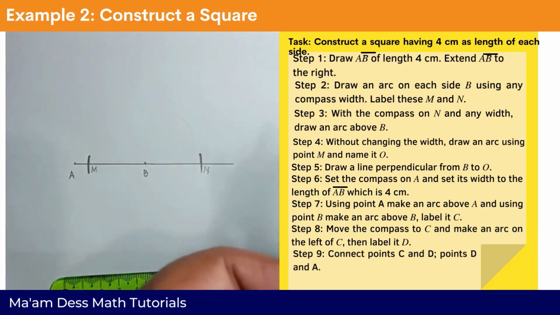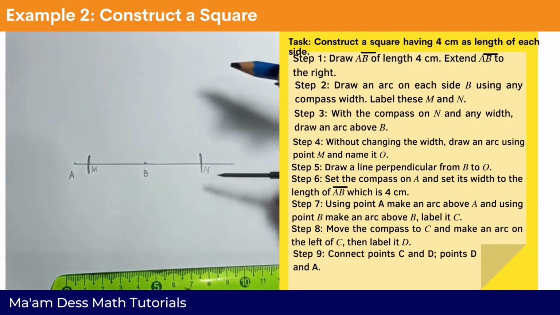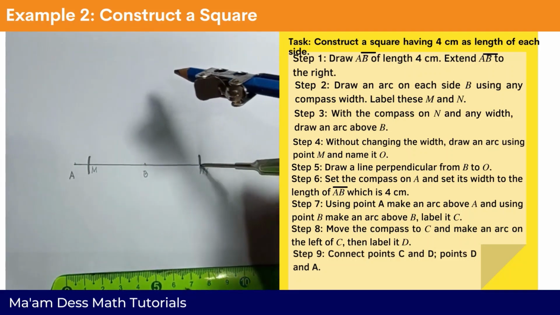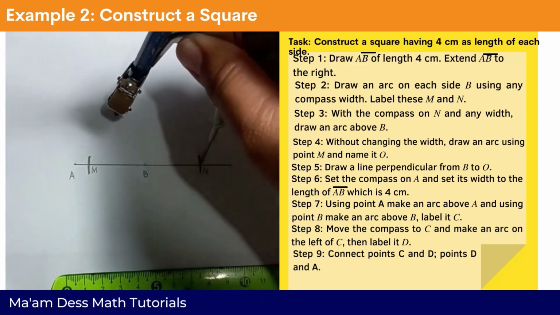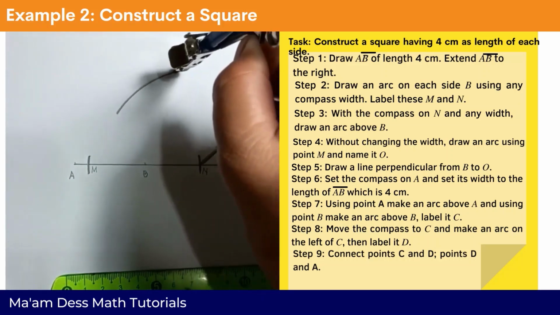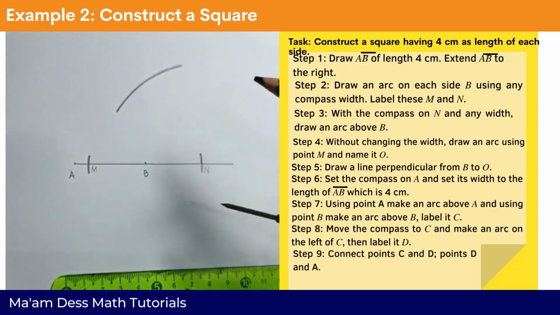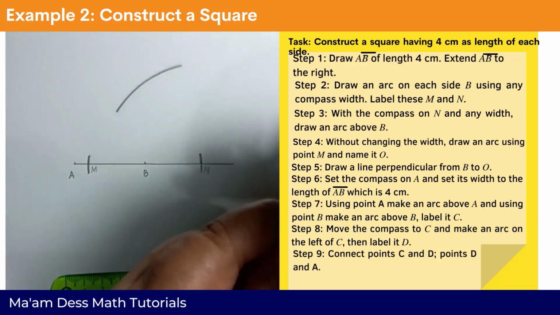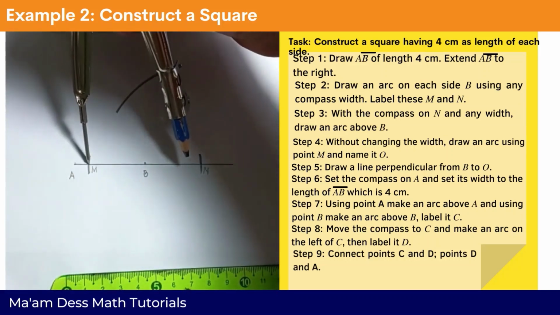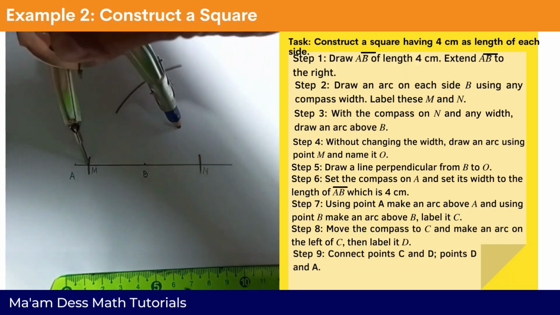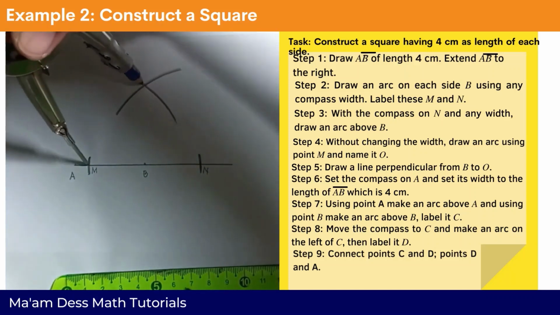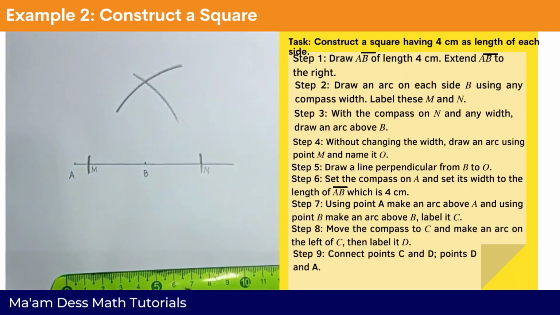Okay, so next, any set of your compass again, make an arc above B. Then, same setup again. Then the tip must be in point M. Make an arc. Okay.